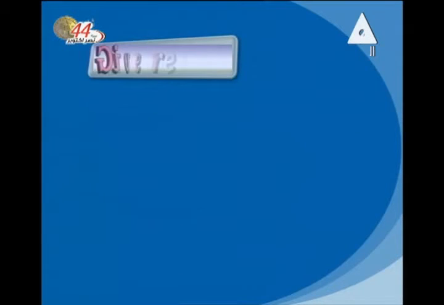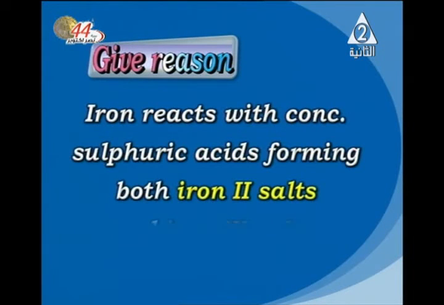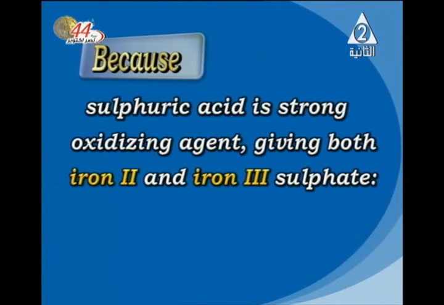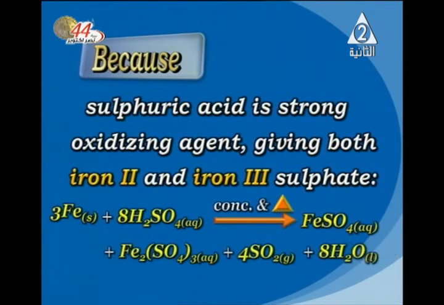So, we have a good reason at this point. Iron reacts with concentrated sulfuric acid, forming iron 2 salt and iron 3 salt. The reason for that is sulfuric acid is a strong oxidizing agent, giving both iron 2 and iron 3 sulfate as the equation proceeds on the screen.